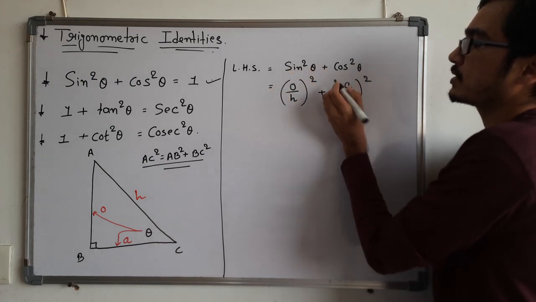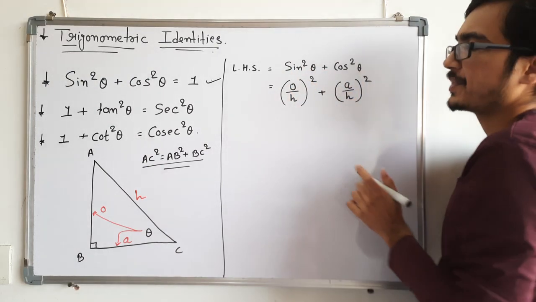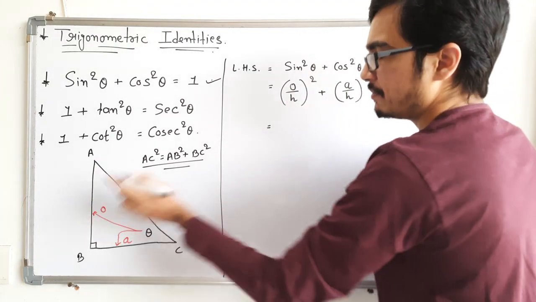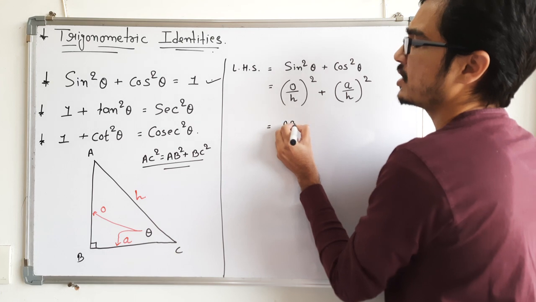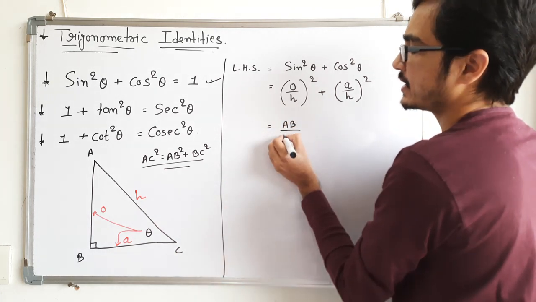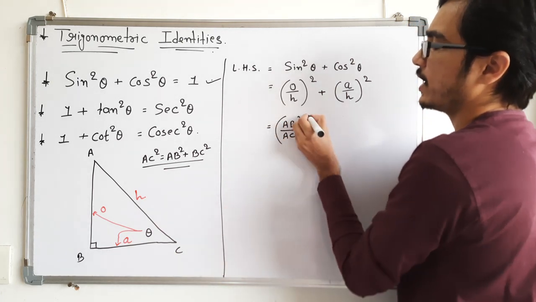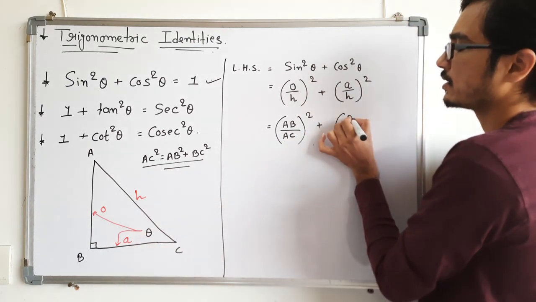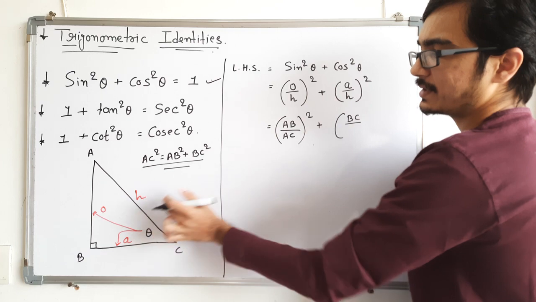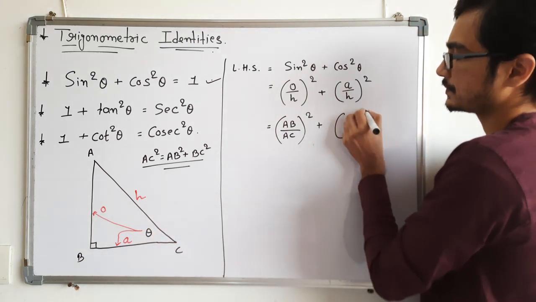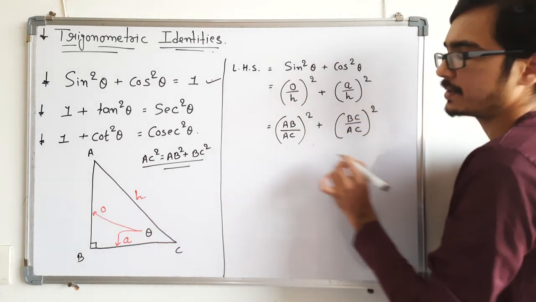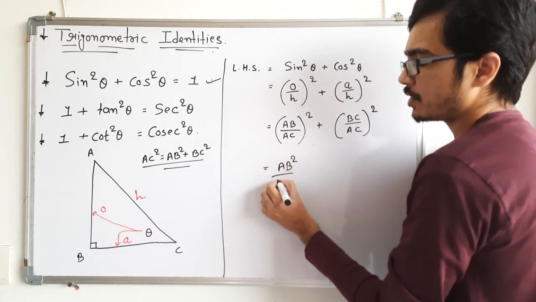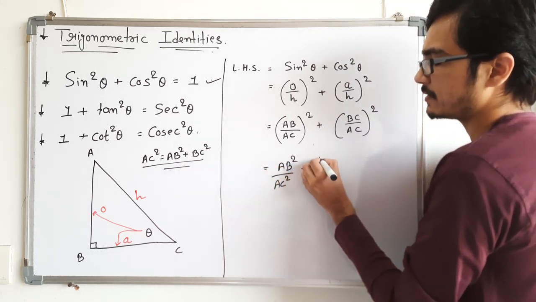Opposite is AB, upon hypotenuse AC, squared; adjacent is BC upon hypotenuse AC, squared. Let us open the brackets, then we have AB square upon AC square plus BC square upon AC square.